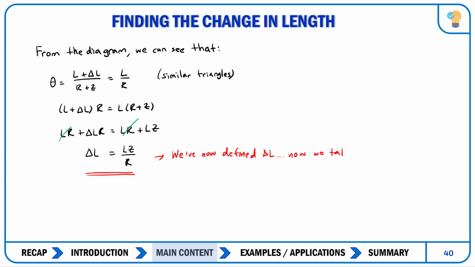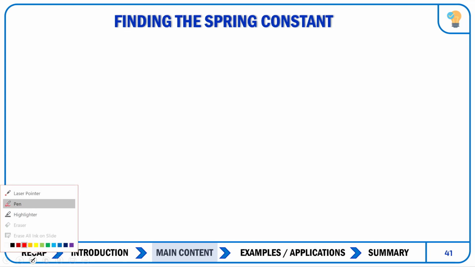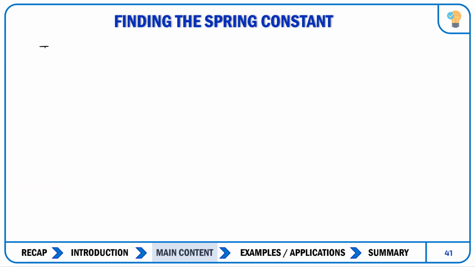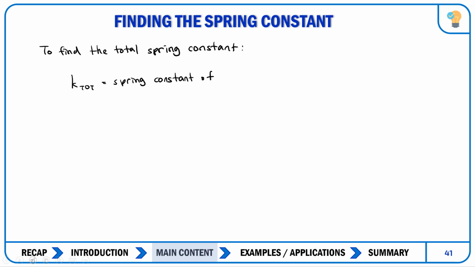Now we take a look at the DNA spring constant K. Okay, so we're going to take a look at that now, and let's say to find the total spring constant, we're going to say K total is going to be the spring constant of this thing that you saw before.